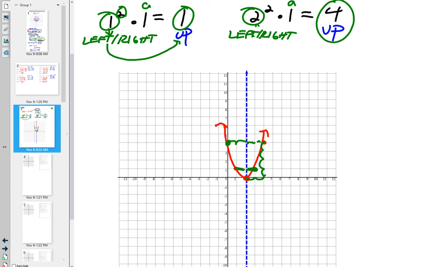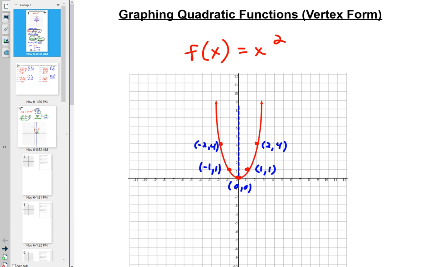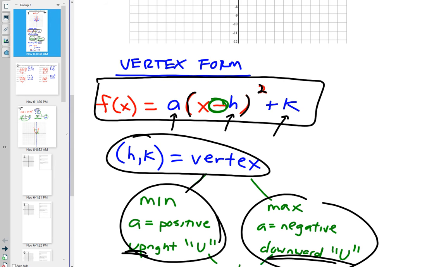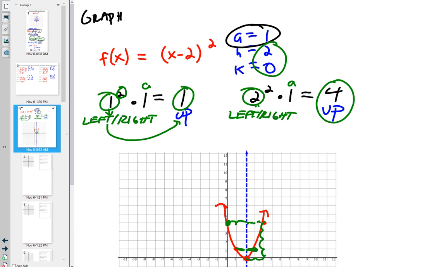Yes. Why are we changing the sign for H? Because in the formula, you have a negative in front of H. So what we went through, I don't know if you were in the bathroom or not, was that when you have a negative in front of an unknown, what you think you're seeing is actually the opposite sign. The reason why on this one you saw a -2, the minus came from the formula, therefore h was 2.